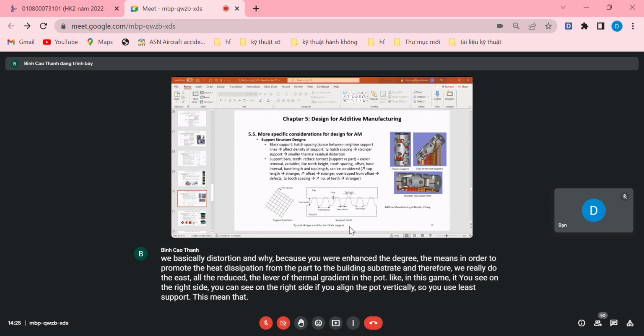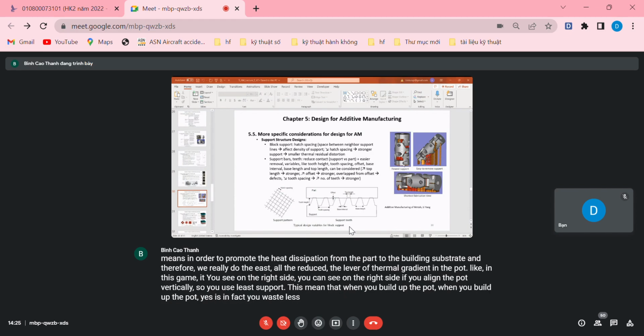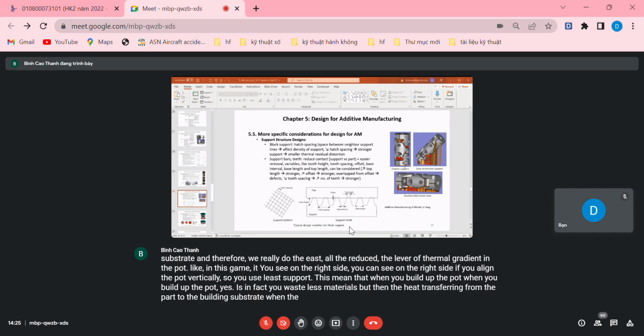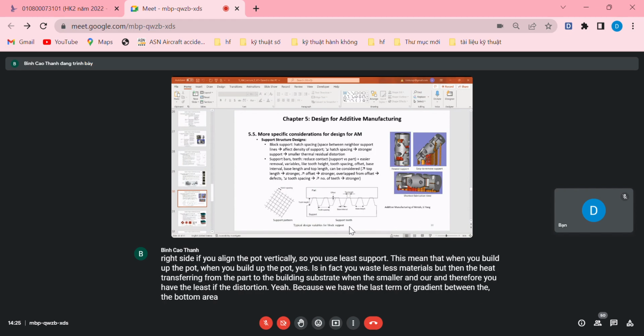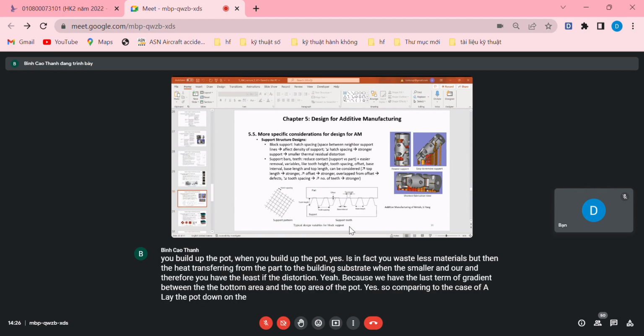This means that when you build up the part, you in fact waste fewer materials, but then the heat transferring from the part to the building substrate will be smaller, and therefore you have the risk of distortion, because we have a larger thermal gradient between the bottom area and the top area of the part.